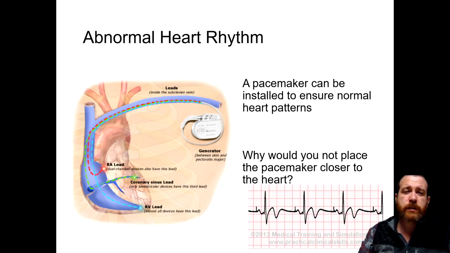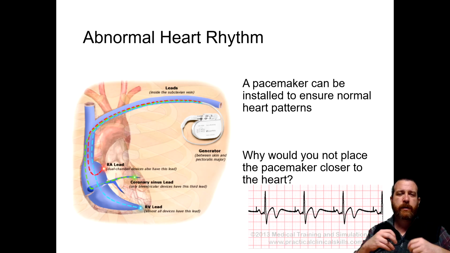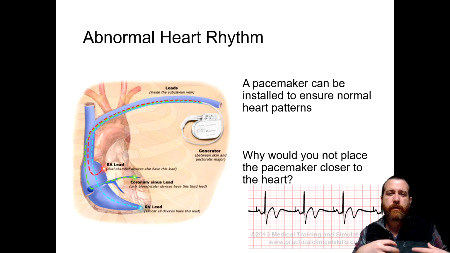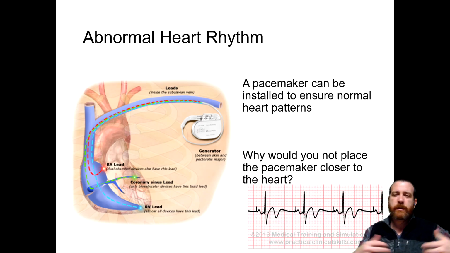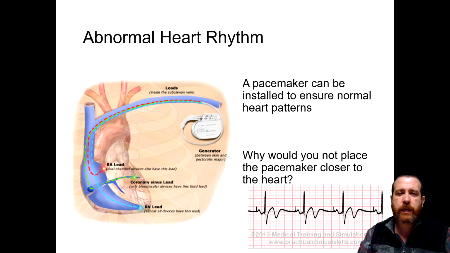This enables us to send an electrical pulse without having to open the heart and crack the sternum, which could be a really big deal. We're trying to avoid that.